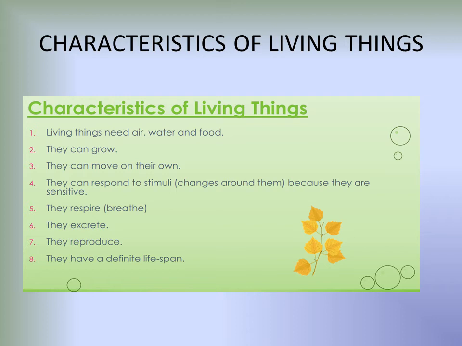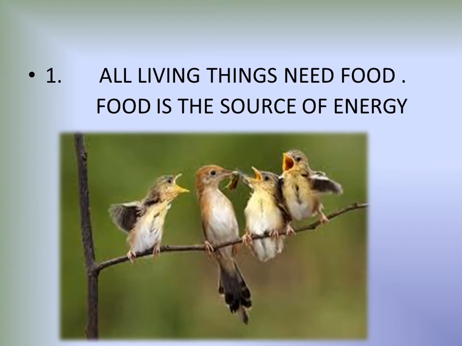They can respond. They can breathe or respire. They excrete, they reproduce, and they have a definite lifespan. A certain lifespan is there, that means living age. So let's discuss one by one the characteristics of living things.